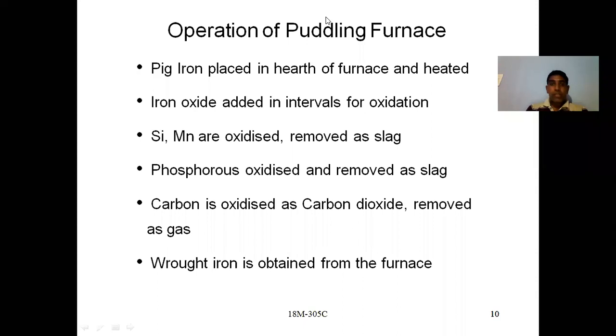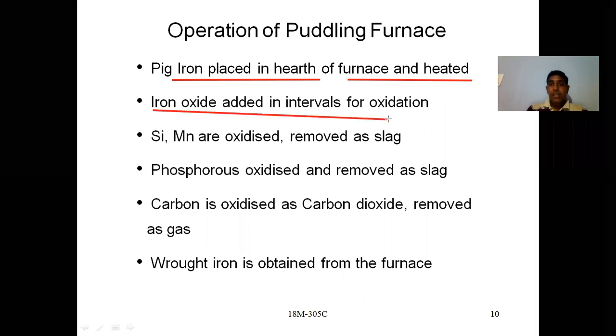One by one we will discuss. So pig iron is placed on the hearth and heated, so it will become molten. When it becomes molten, iron oxide is added at regular intervals for oxidation. What is that iron oxide? Your hematite. The hearth is lined with it, and we also have to add iron oxide at regular intervals for oxidation.